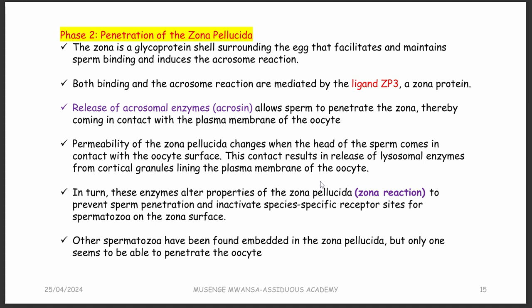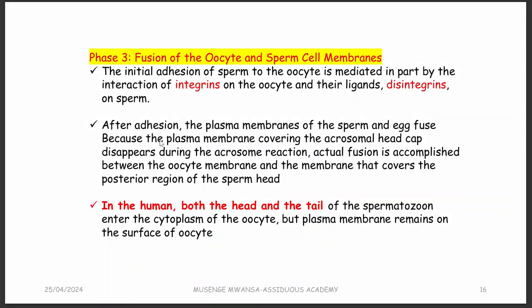You end up having multiple pregnancies, which can lead to twins, triplets, and such. So there are going to be enzymes which will prevent the penetration of other sperm. Only the one that has entered should enter.